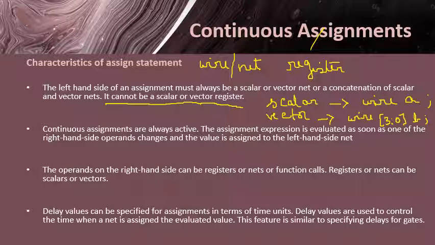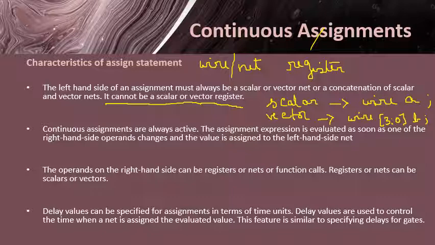Second point is continuous assignments are always active. As I told you, it is not sequential execution. We have already looked at some programs in data flow modeling using the assign statement, and in this case, we have not bothered about the sequence of the statements.